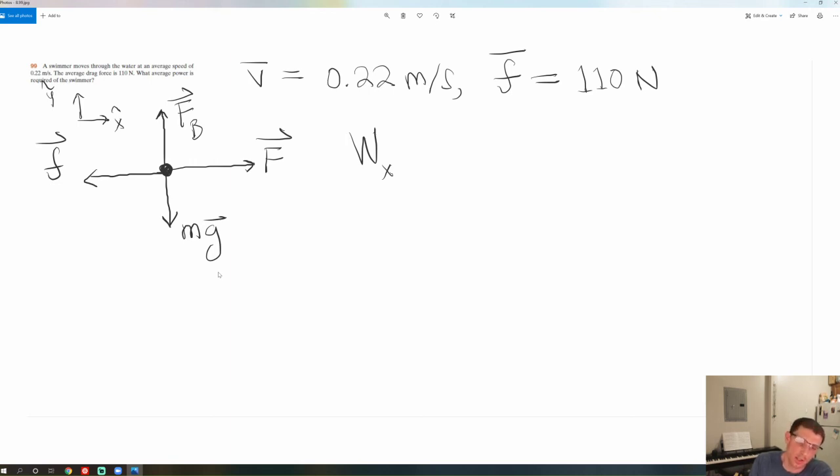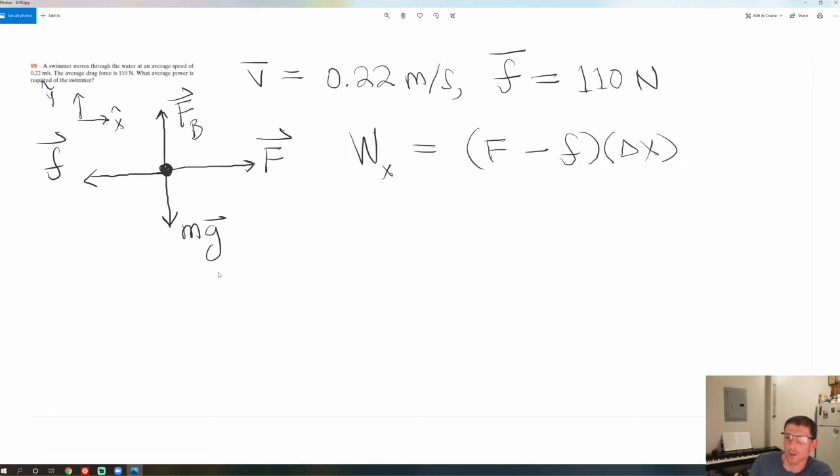Again, remember work is still a scalar, so it wouldn't have an X component, but this is just to show that we're thinking about the work done by the forces that are in the X direction or the negative X direction, okay? It is going to be, over some time interval, simply big F minus little f times whatever displacement the swimmer has for that time interval, right?